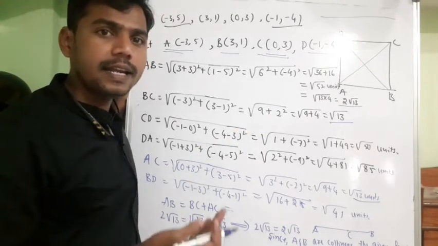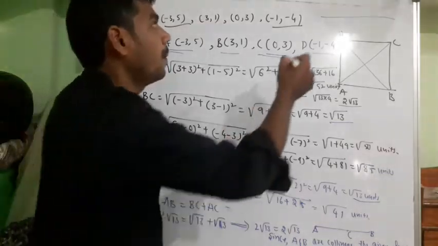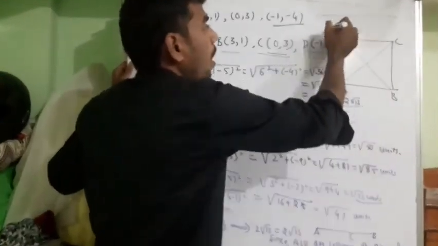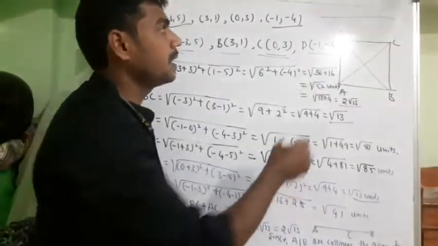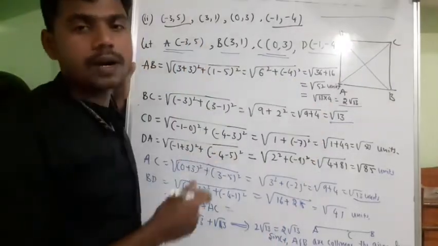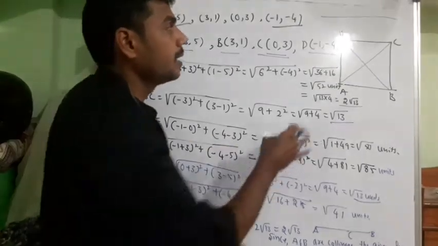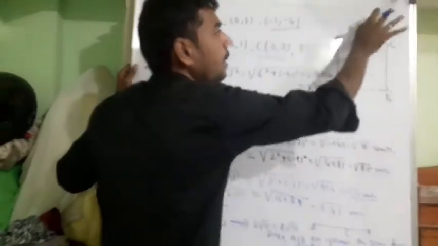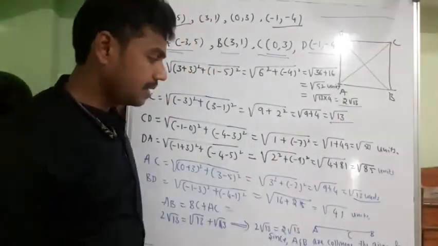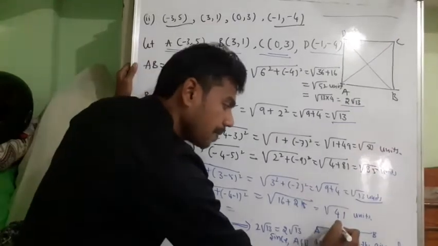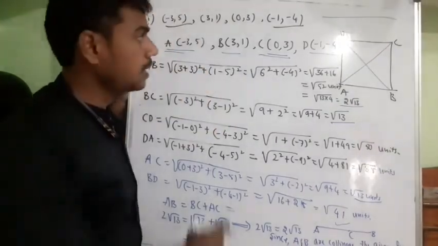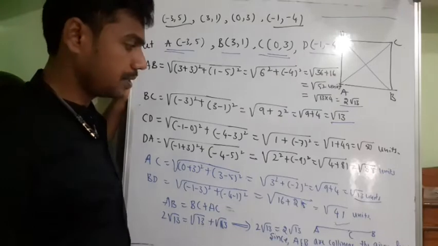At least I need 4 distinct points which are not collinear to make a quadrilateral. But here 3 points are collinear, so that is the reason I cannot make a quadrilateral using these points. Okay, please note this down.